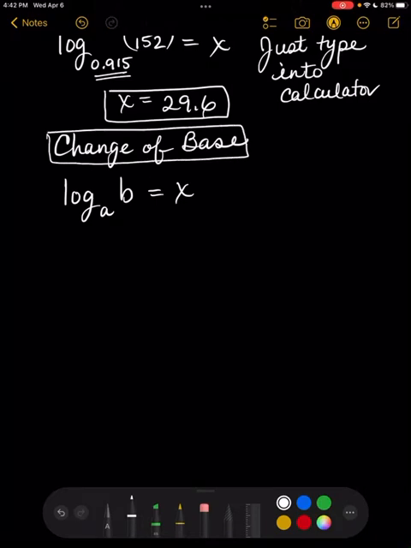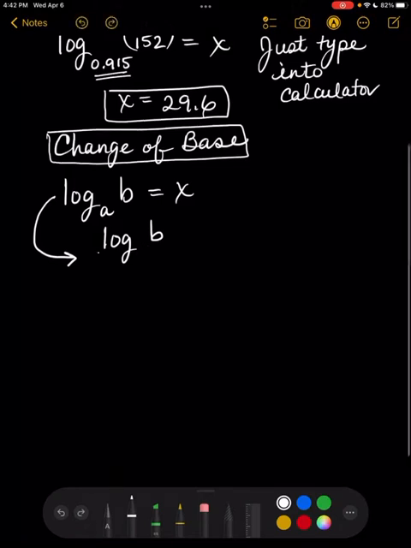So change of base requires you to rewrite this like this. You take the logarithm base 10 of b. So I'm not going to write the 10, okay? I need you to just remember it's there, but I'm not going to write it. Over the log of a.